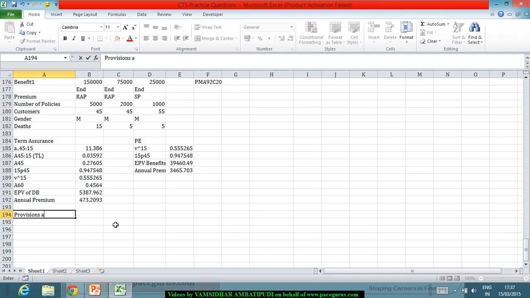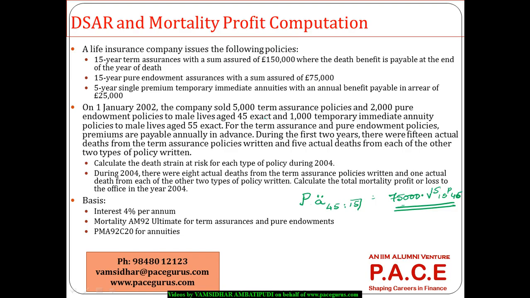So I'll talk about provisions at the end of the third year. For each of them I can find out the provision at the end of the third year, which is nothing but the expected present value of the death benefit minus the expected present value of the premiums.